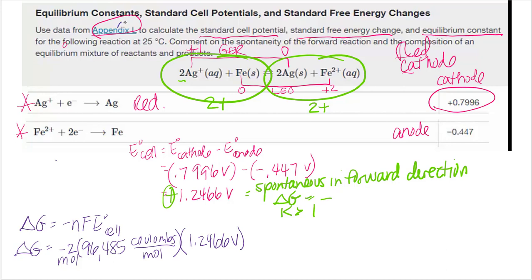Let's plug that into our calculator here. Okay, so when we plug this all into our calculator, we're going to get negative 240,556.4. And let's see what we cancel out here. Moles and moles cancel out. And remember, volts is also, the unit is joules per coulomb.